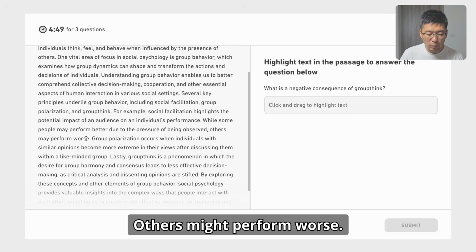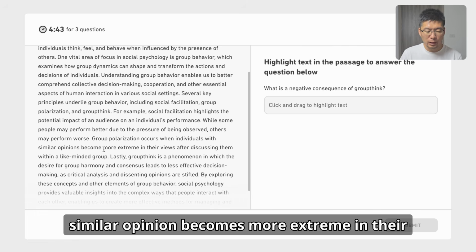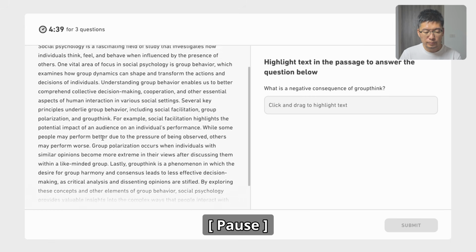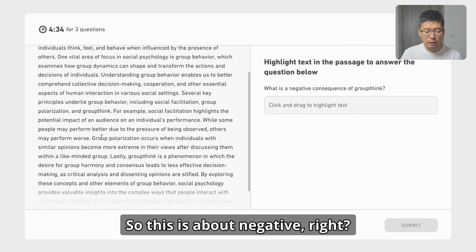Others might perform worse. Group polarization occurs when individuals with similar opinions become more extreme in their views after discussing. So this is about negative, right?